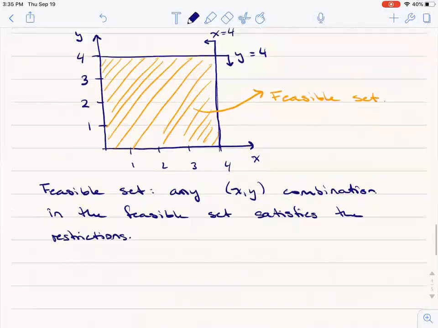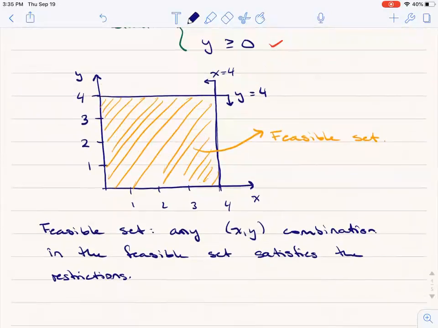So we can plug in any combination, and we could do things like 1.7 and 2.3 if we wanted to. All those points are inside our feasible set, right? And so they're all allowed.